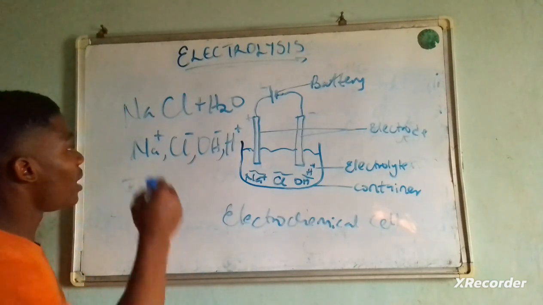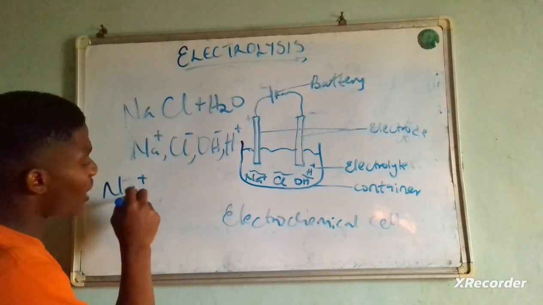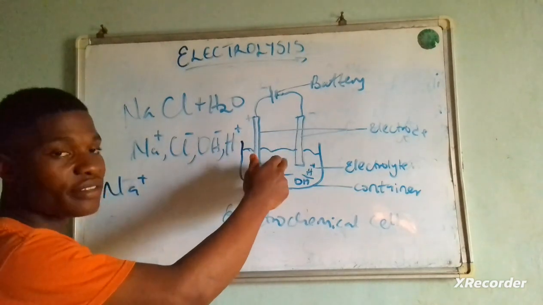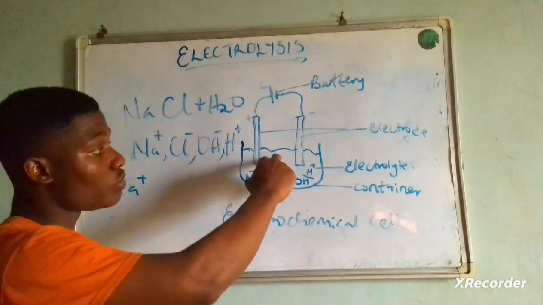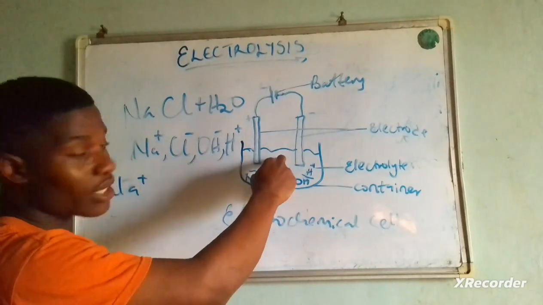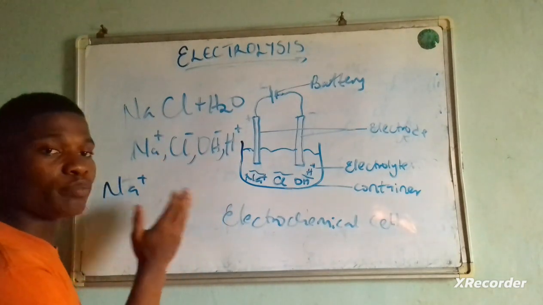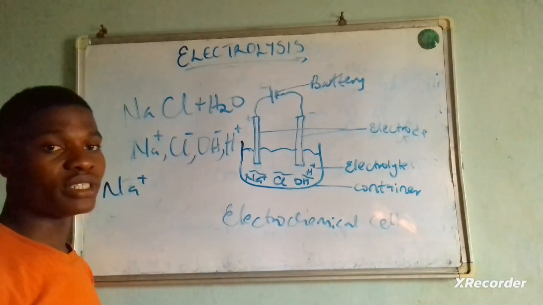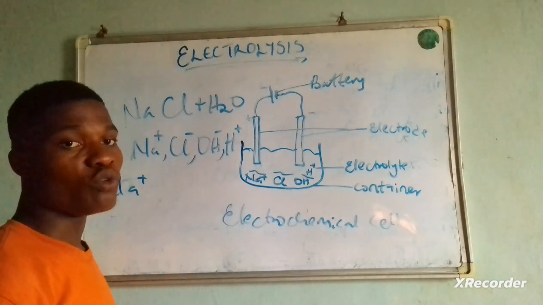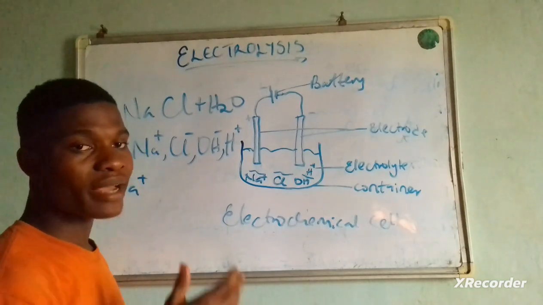That is why an ion like sodium during electrolysis will move to a negative electrode, which is the cathode. The positive ions are going to migrate to the negative electrode, while the negative ions will migrate to the positive electrode.